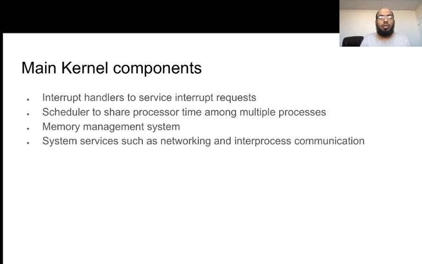So this is part of your operating system. There's the scheduler, which we actually talked a bit about when we were looking at the CPU example, which shares processor time among multiple processes. There's the memory management system, and there's the system services such as networking and inter-process communication, and also to some extent the file system.